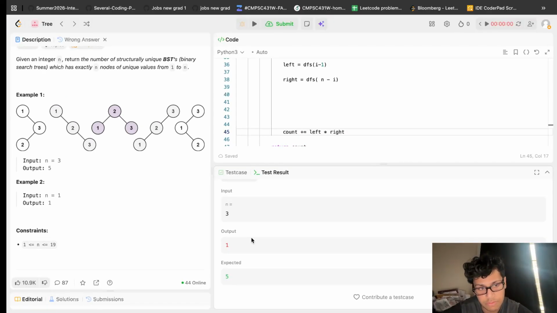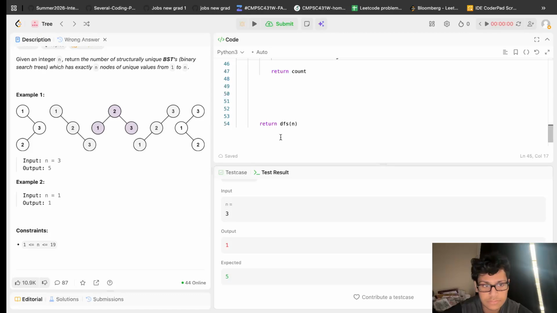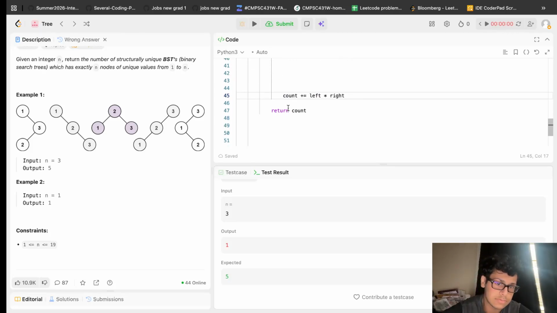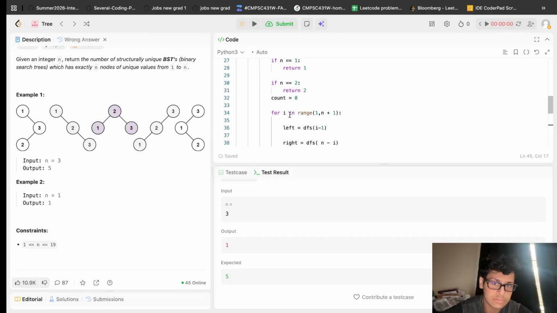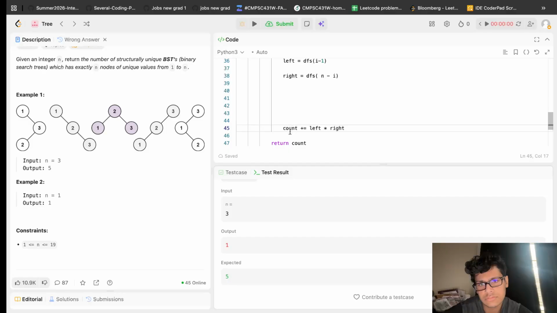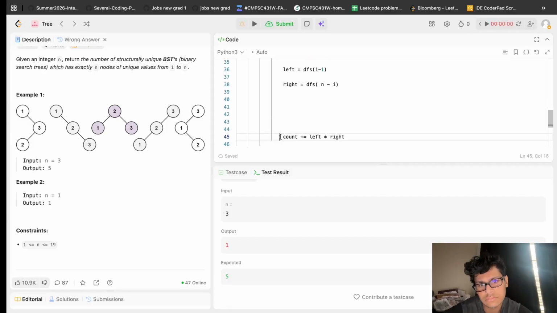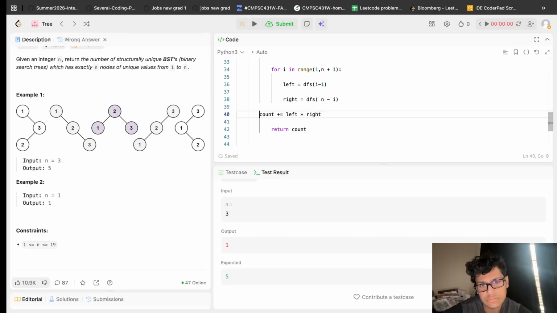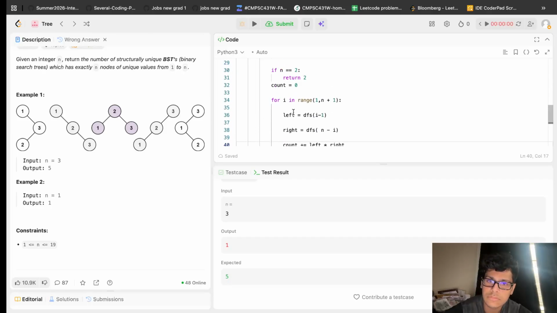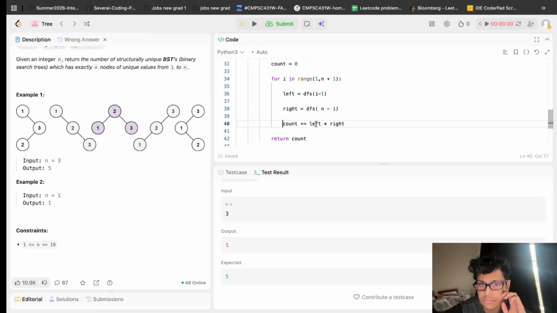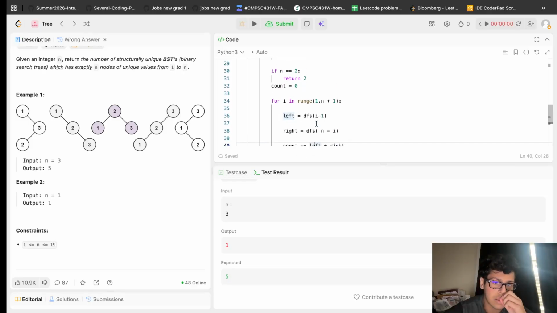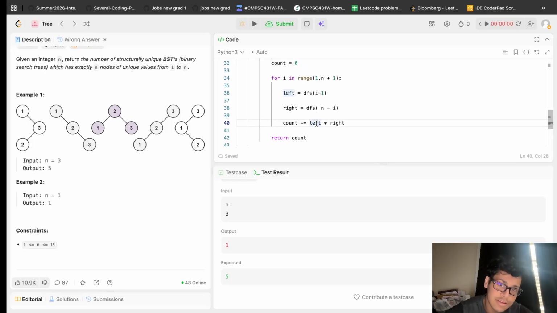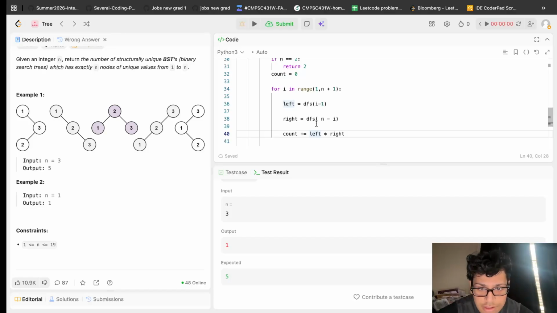N equals 3, output 1, expected 5. And now I don't understand what's happening. What?